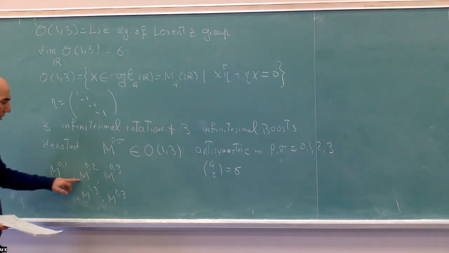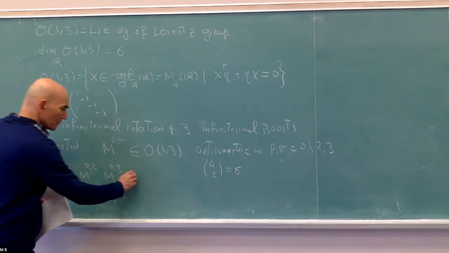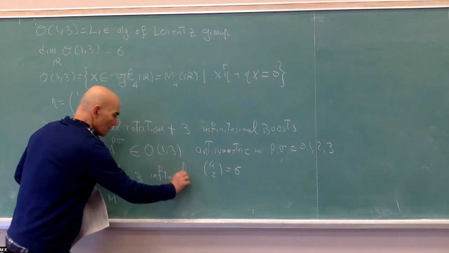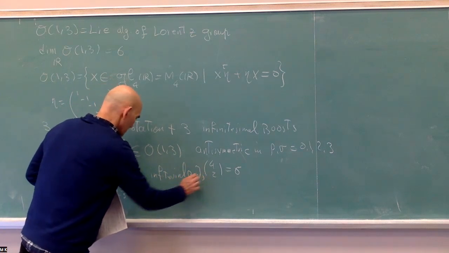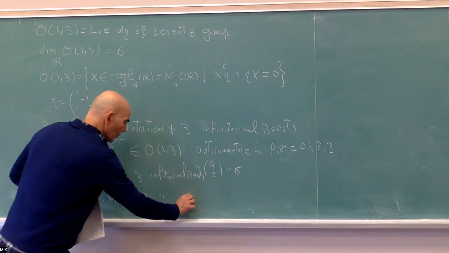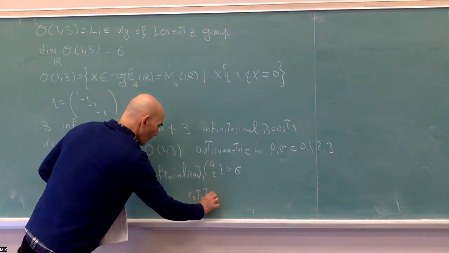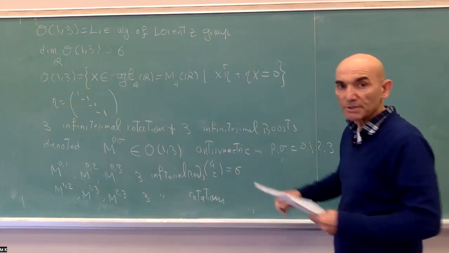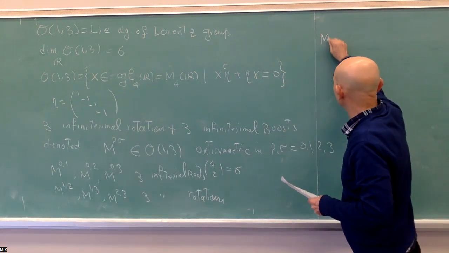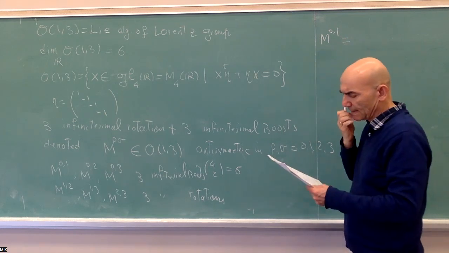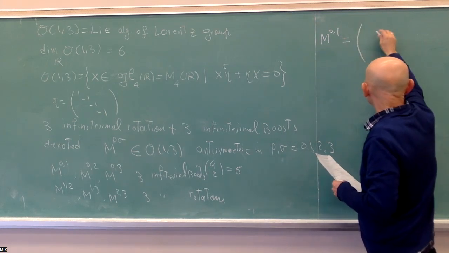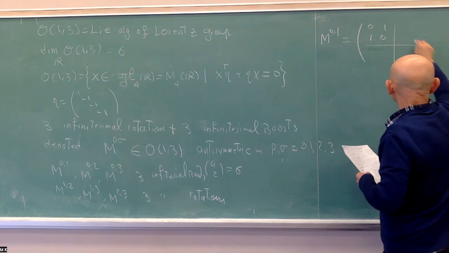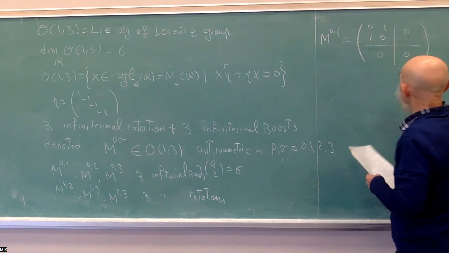So these are the 3 infinitesimal boosts, and these are going to be 3 infinitesimal rotations. So, for example, M01 is something that we saw before. There is 0, 1, 1, 0, and then zeros.